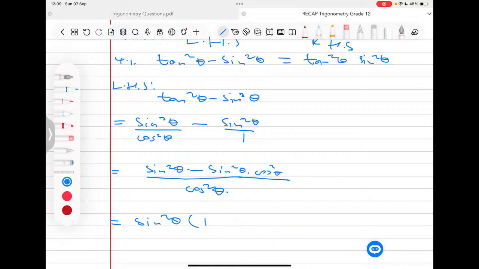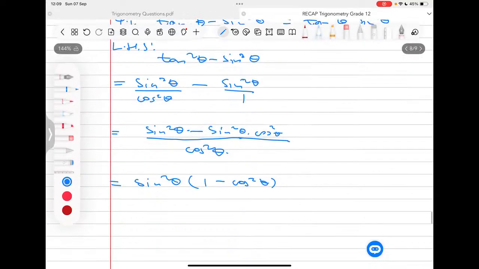Here I'm going to have a 1. I'm going to have minus cos squared theta. Because if you multiply this, you get that. If you multiply that, you get that. So I'm still having here at the bottom the cos squared theta.